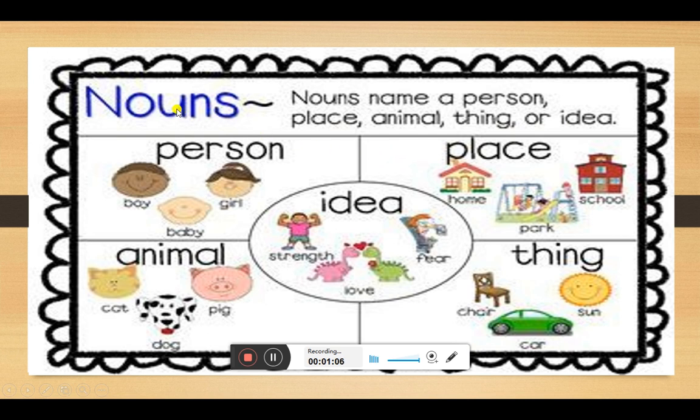So, nouns can be a name of a person, like a boy, baby, girl, man.